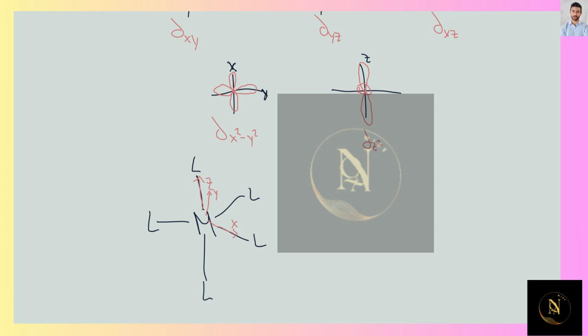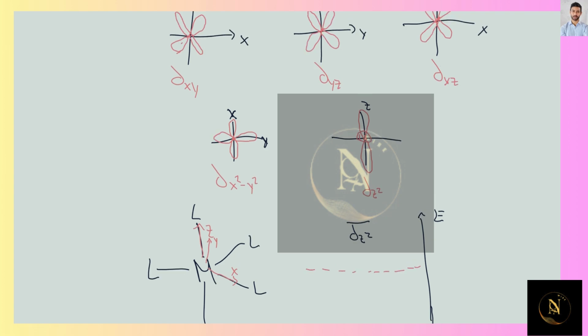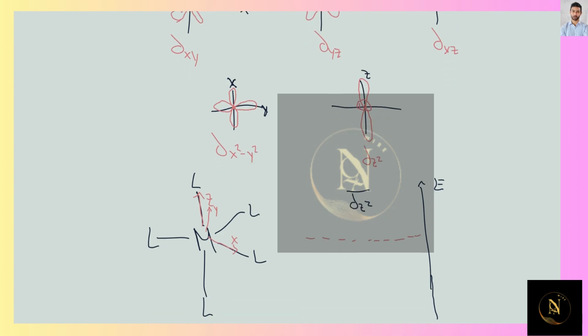So in our diagram, let's draw the middle point. This is going to be increasing order of energy. And the one that is going to be higher is the dz squared orbital. Next up, we are going to see what other orbitals are going to have similar interactions. First of all, let's look at the x squared minus y squared orbital.